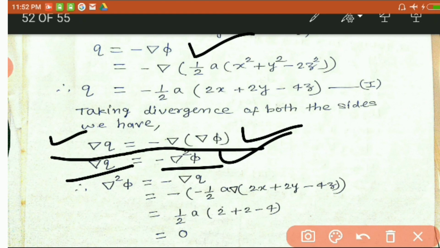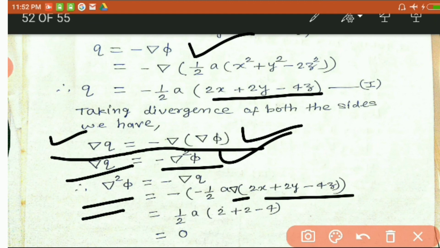So del square phi is equal to, taking this minus sign, del dot q as it is, minus in bracket minus 1 by 2a, del dot of 2x plus 2y minus 4z.